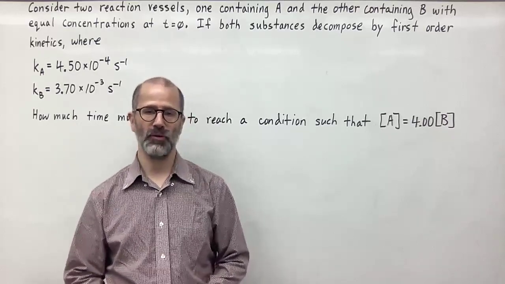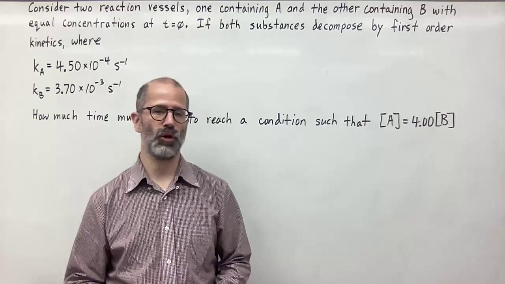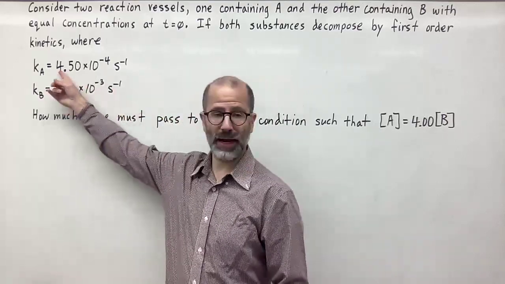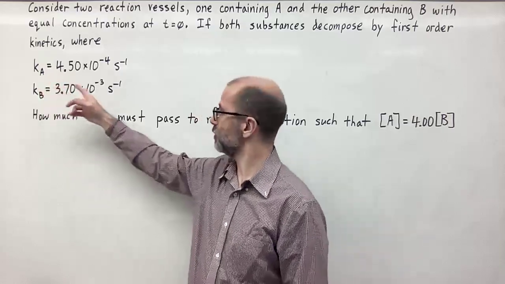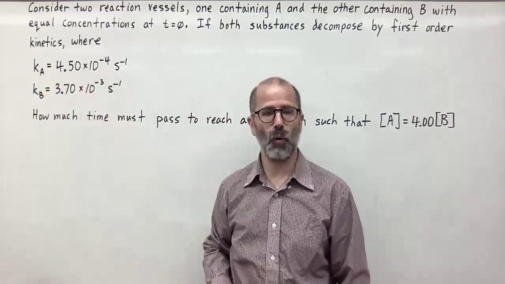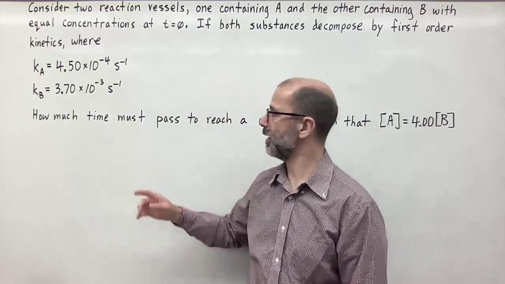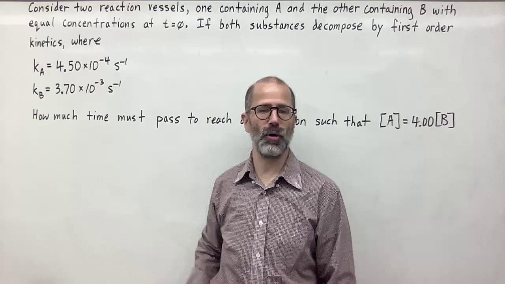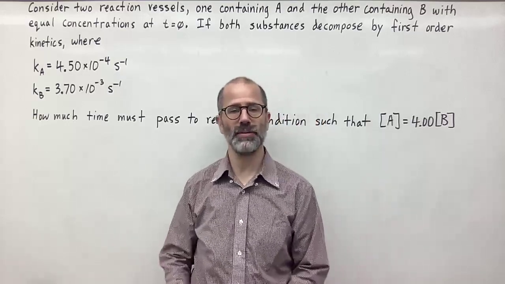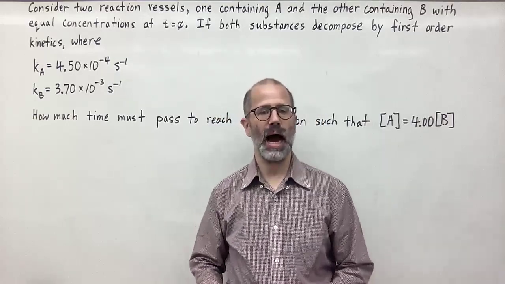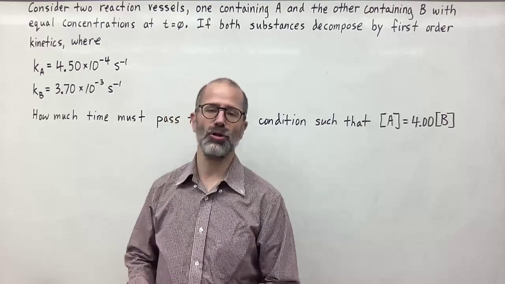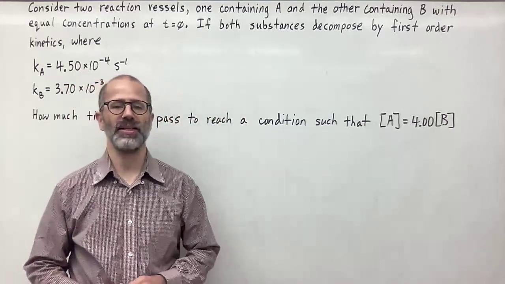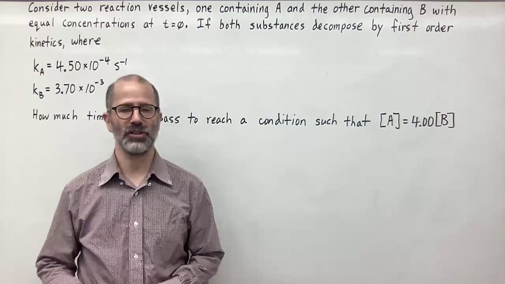If both substances decompose by first order kinetics, where Ka, the rate constant for substance A, is 4.50 times 10 to the negative 4 per second, and the rate constant for substance B is 3.70 times 10 to the negative 3 per second, how much time must pass to reach a condition such that the concentration of A is going to be equal to 4 times the concentration of B?